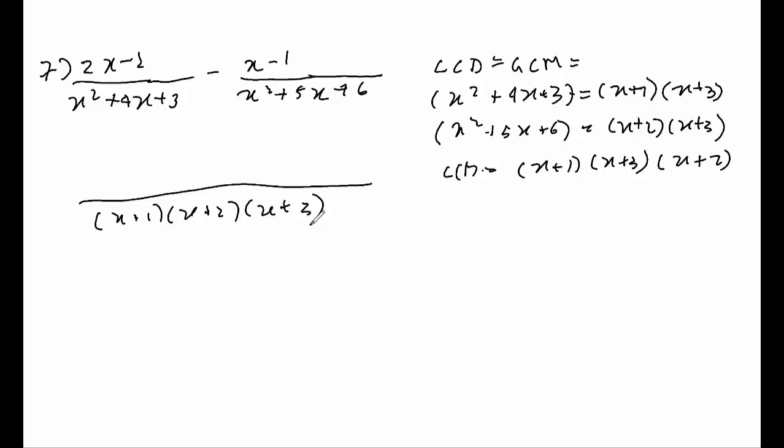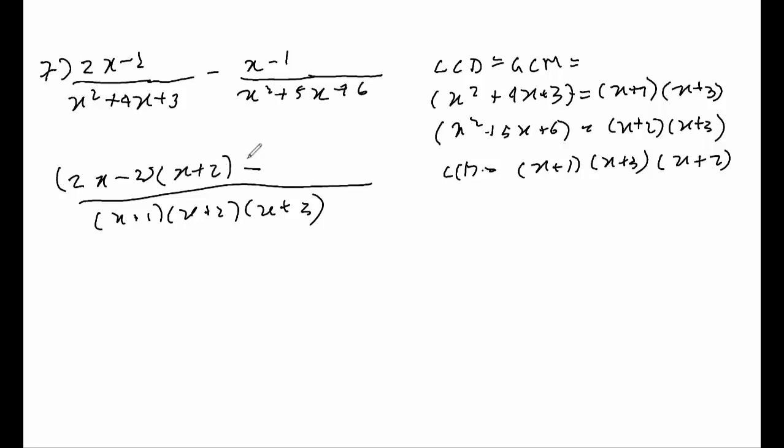But in order to do this, we have to take the first term and multiply by whatever's missing from the denominator of the first term. It looks like we have x plus 1, x plus 3, but we're missing the x plus 2.